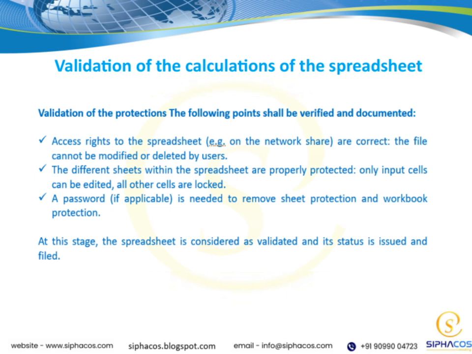Additionally, performing sensitivity analysis helps us understand how changes in input values impact the outcomes. This validation process is important because it builds confidence in our results, especially when these calculations influence decision-making. Overall, validating our spreadsheet calculations ties back to our goal of maintaining accuracy and integrity throughout our analysis.